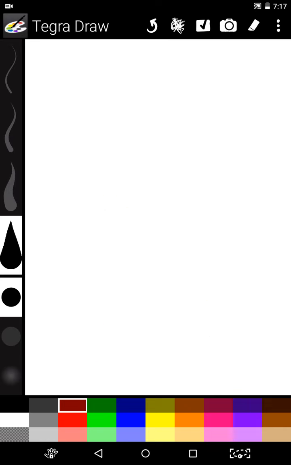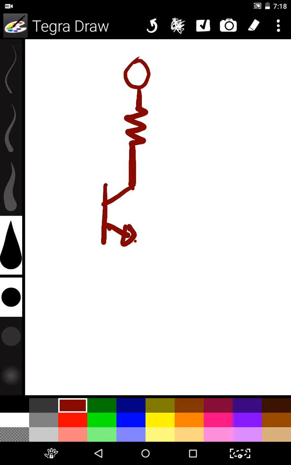Now we'll go to the resistor transistor logic representation of the NOT gate. This is the resistor transistor logic of the NOT gate. This is the resistor. This is an NPN transistor.